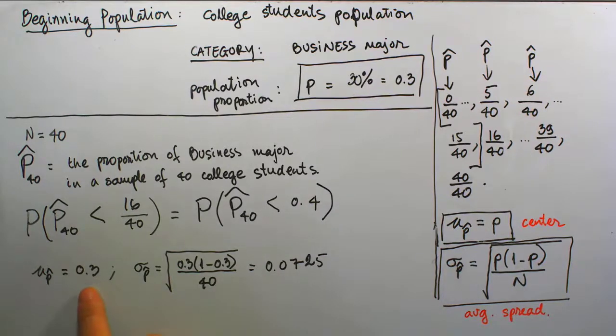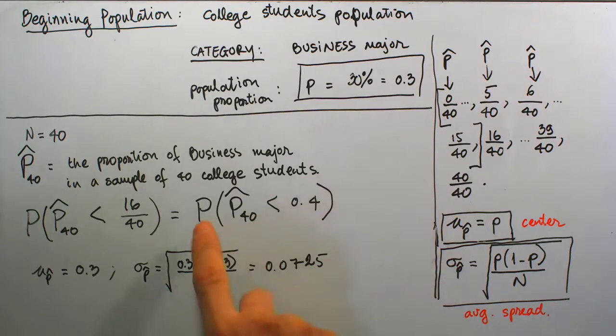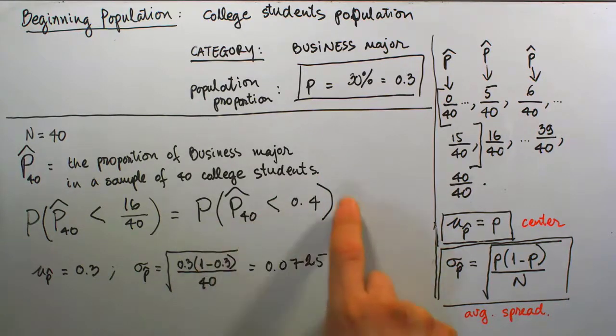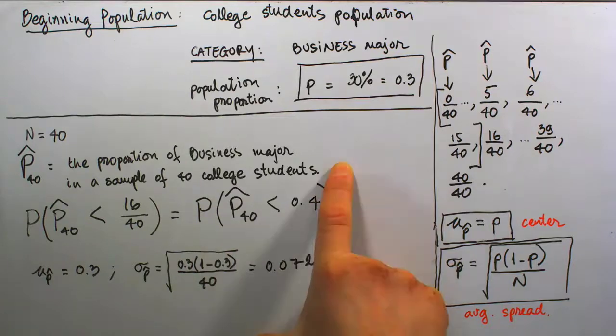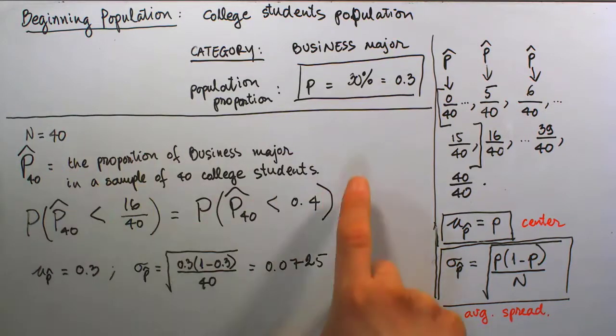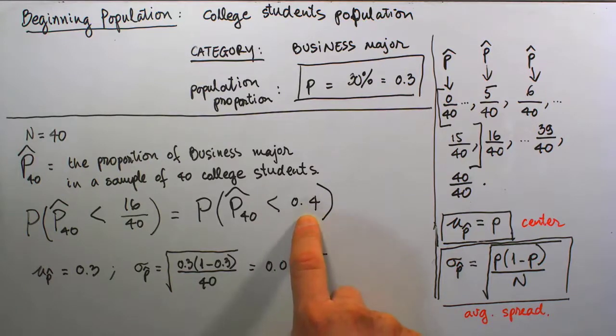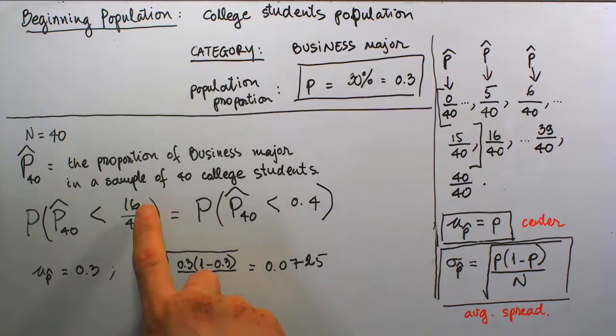So now that we have a center of our population, and we also have the average spread of this population, we are ready to find how much probability, among all of these sample proportion values, is our chance of getting a sample proportion value in a sample of 40 being less than 0.4, or being less than 16 as a count.